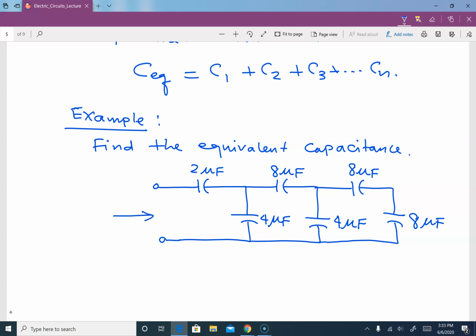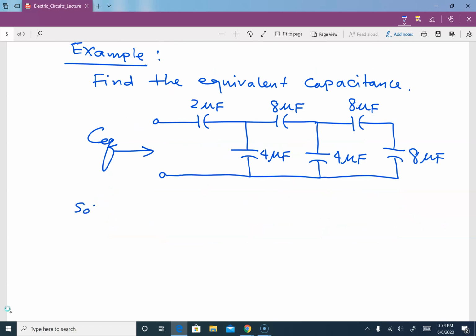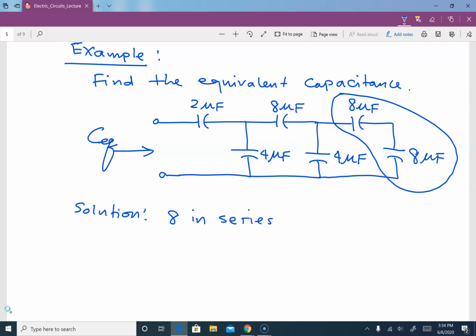And we would like to find our C equivalent at the terminal over here. So our solution: if you look at these two capacitances, they are in series. So 8 in series with 8, in this case 8 times 8 over 8 plus 8, and that is equal to 4 microfarad.